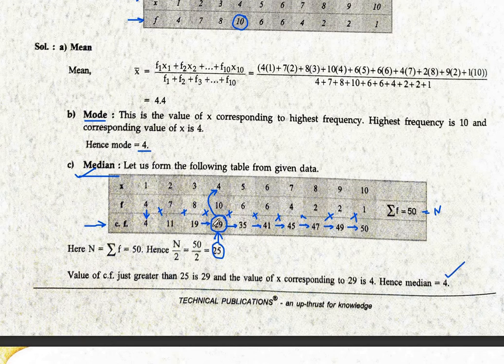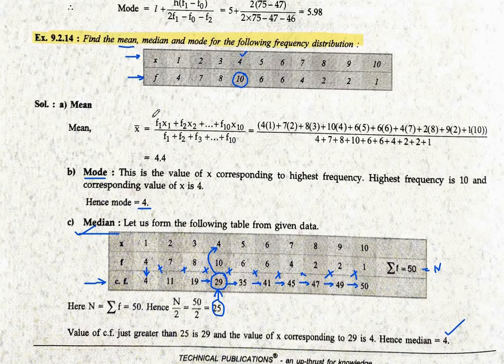Like this we can calculate the mean, which is the summation of x times f divided by the summation of f. The mode is the value of x corresponding to the maximum frequency. For the median, we calculate the summation of f and the cumulative frequency, adding the next f value: 4 plus 7 is 11, 11 plus 8, something like this.